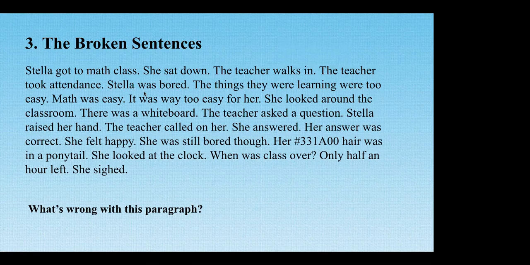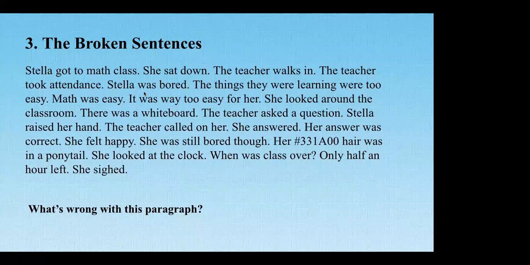Okay. Anyway, back to the question. How do we connect these 21 tiny sentences? You don't have to put she sat down, because we all know she's supposed to sit down in math class. Exactly. Then you don't have to say she was bored. You can only say fine.